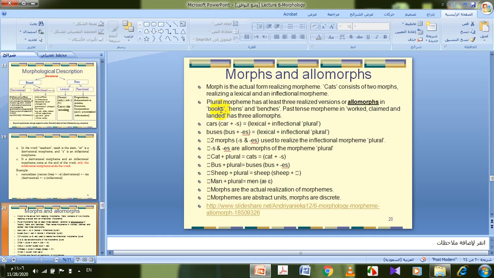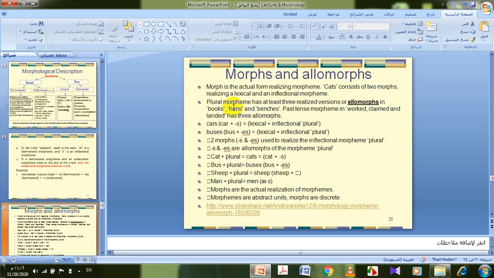It is S, whether S or ES sometimes. In each case, the pronunciation, the realization, is different.